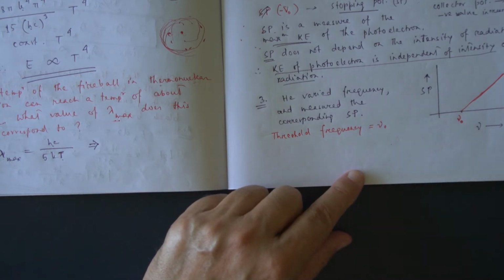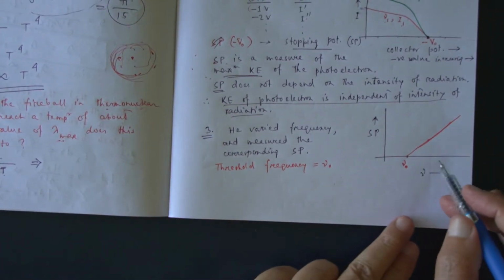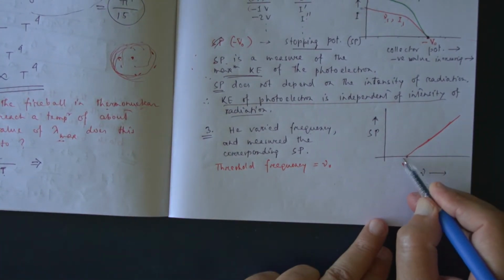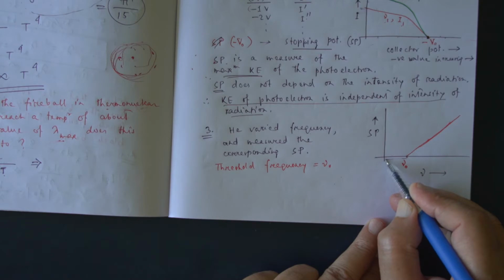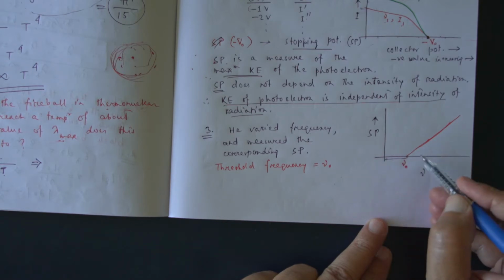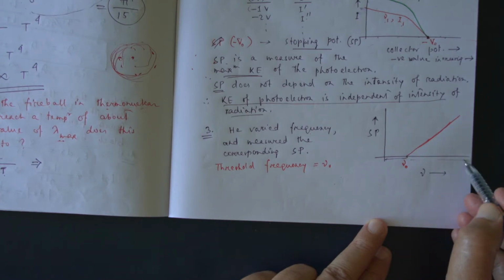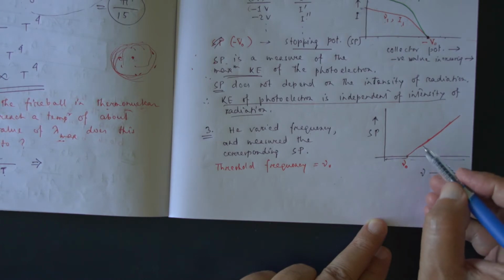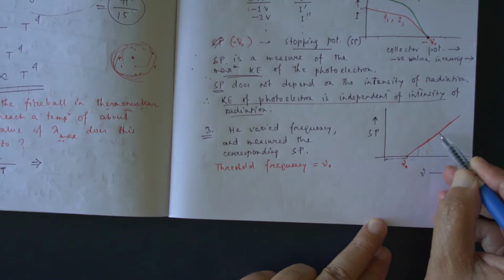Nu naught. Now what we can observe here: below threshold frequency, no photoelectron is emitted. But above threshold frequency, as frequency increases, stopping potential increases.